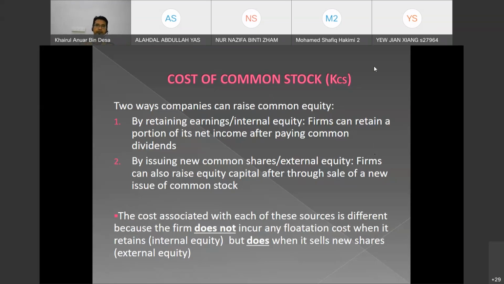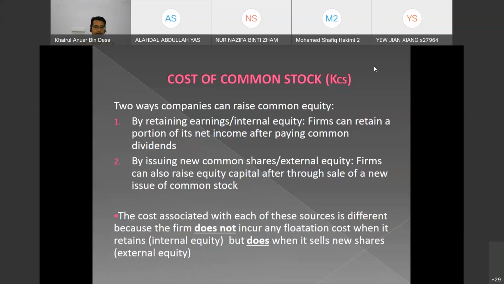Not all companies are listed on the stock exchange. Companies listed on the main board or the other boards can raise capital through Bursa Malaysia. Others sell directly to the public.